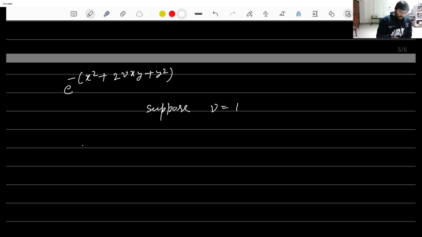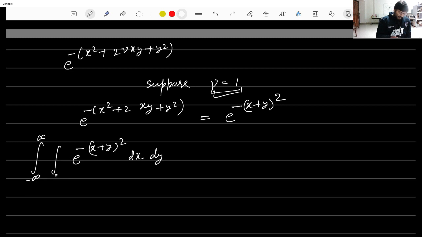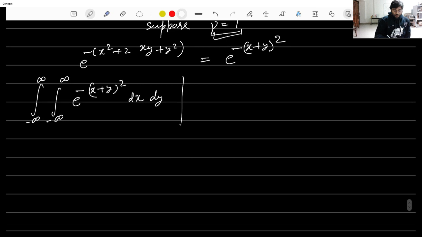So now for the value of nu equals to 1, our integration is e to the power minus x plus y to the whole square dx dy, and this is a double integration, minus infinity to plus infinity, minus infinity to plus infinity, correct.